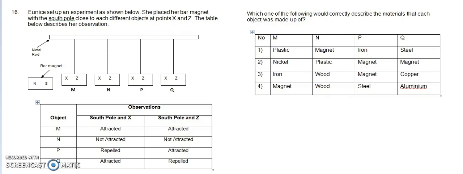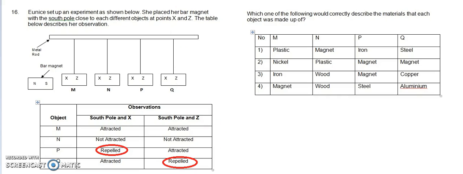Now, the first thing we look at is the word repel. Why? You might ask me why. Well, because repel means that a particular object tested is a magnet.